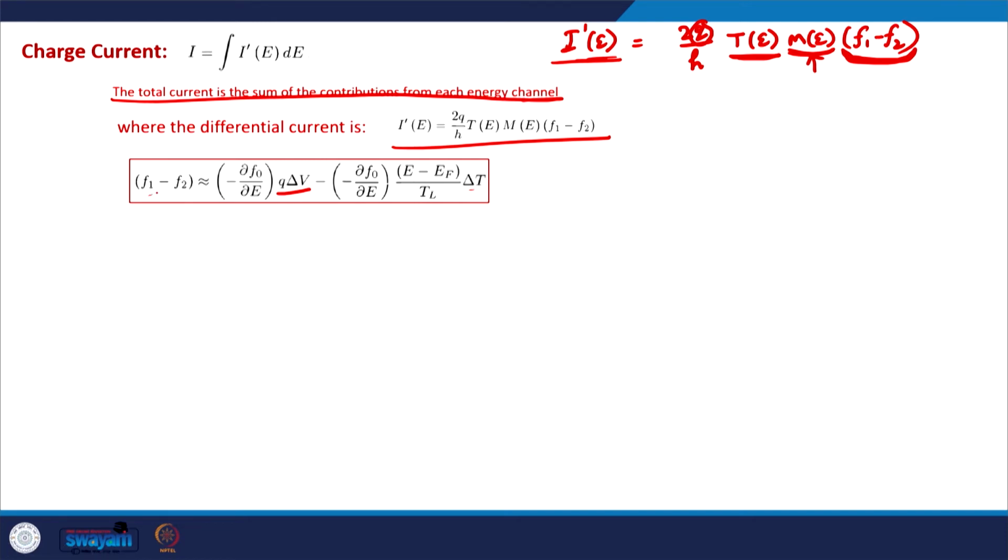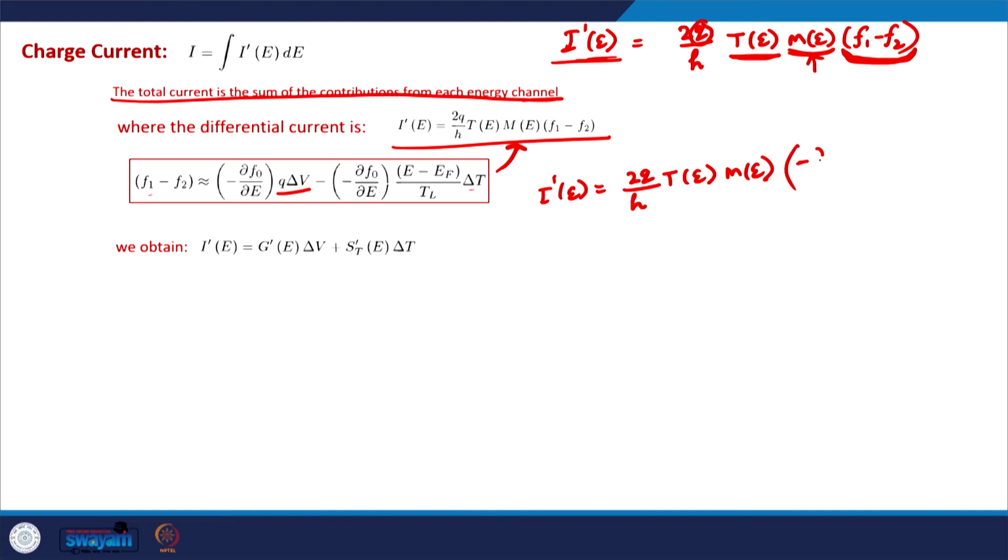If we just put F1 minus F2 in this expression and integrate, what we obtain is that I prime E will be 2q over h times TE ME times F1 minus F2, which is minus del F by del E times q delta V.